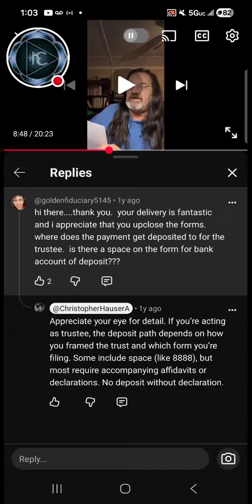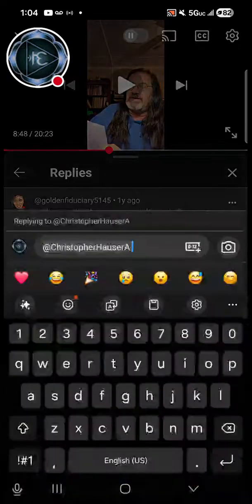And as I did already state, your affidavits or declaration of trust, deed of trust or whatever, no deposit without declaration. Okay. So there's a setup that is required.